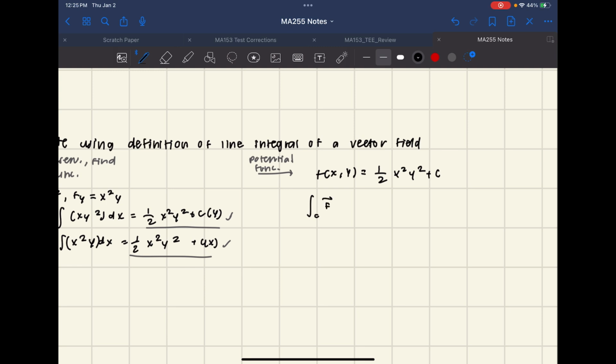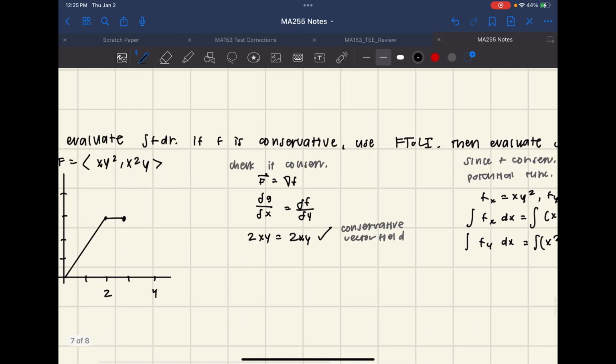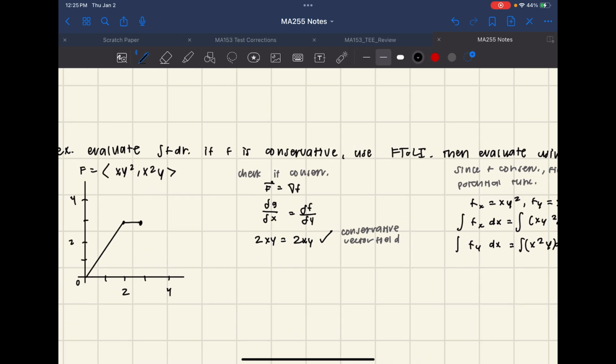And then perform our integration for that curve using the points from the graph. So this is 3, 3. And we have our origin.